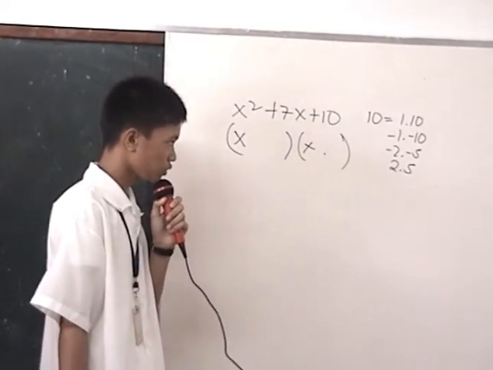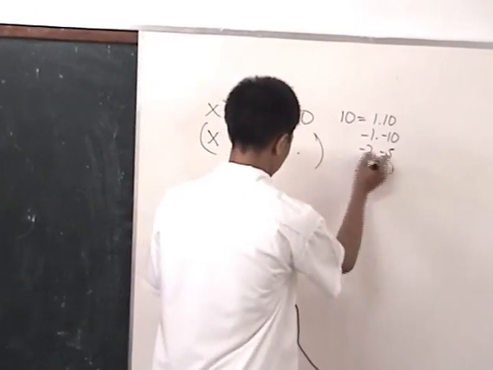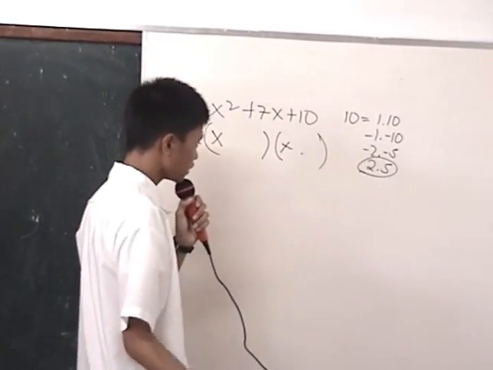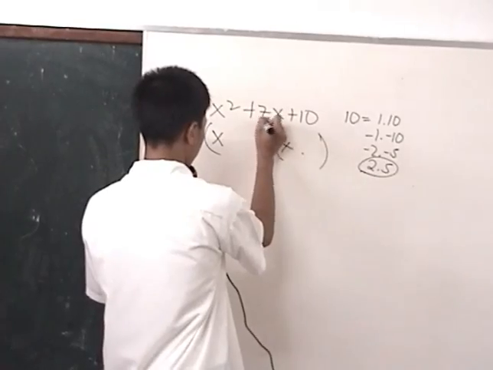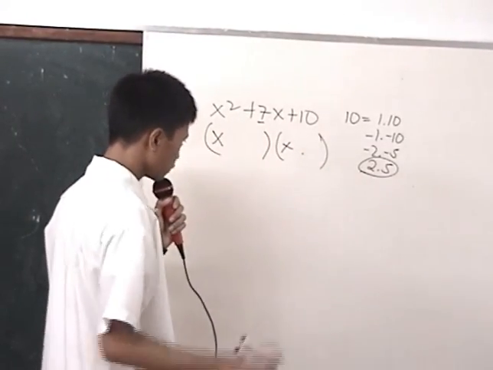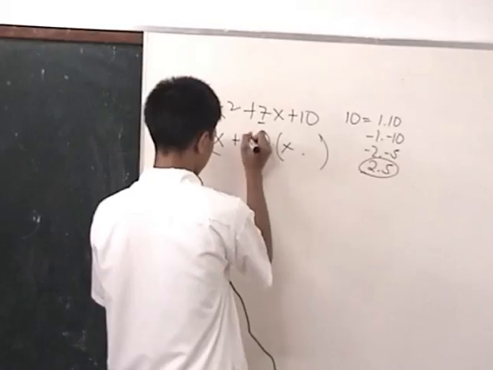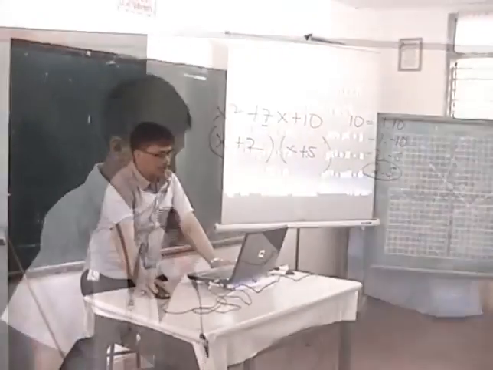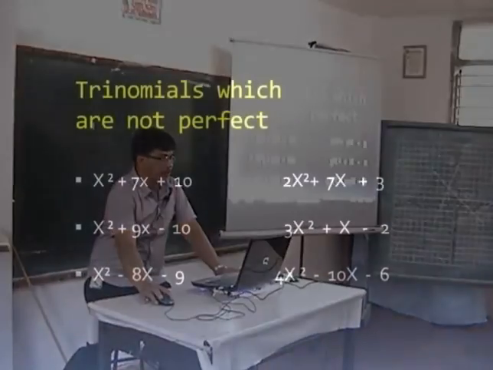So I think we should use 2 times 5 because when we add 2 plus 5, it is equal to 7, which is equal to the constant of the middle term. So we use x plus 2 and x plus 5. That's the answer.